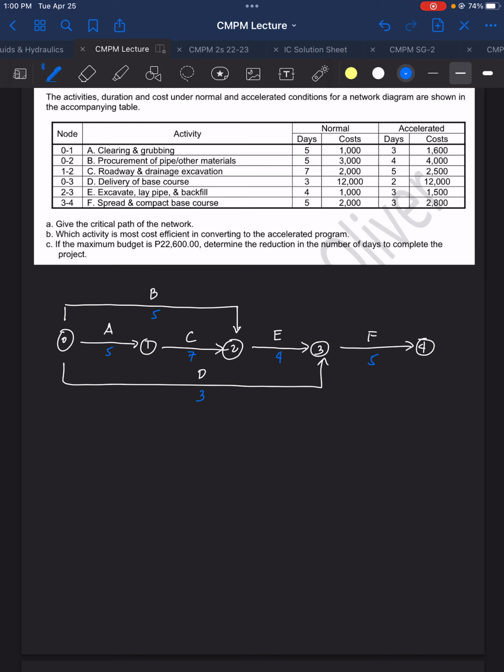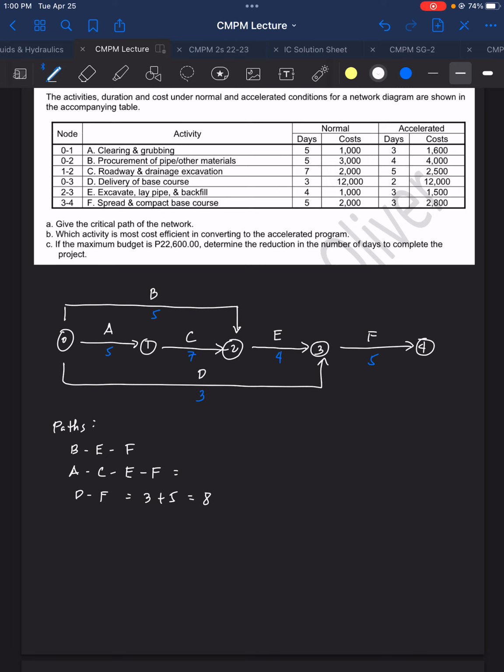Now for the paths, we have path B E F, then path A C E F. Then path D F. So D F is simply 3 plus 5 equals 8.